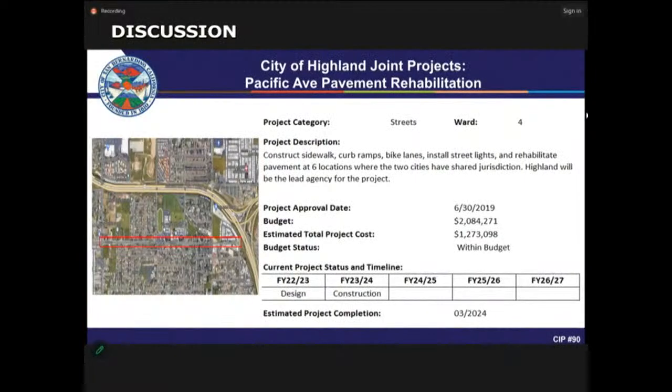The project budget is about $2 million, and our estimate at this point is $1.27 million. So things are within budget, but we're still getting into construction. If we have surplus from this project, we certainly will apply it to other projects. The estimated completion is March 2024. Highland is the lead agency.